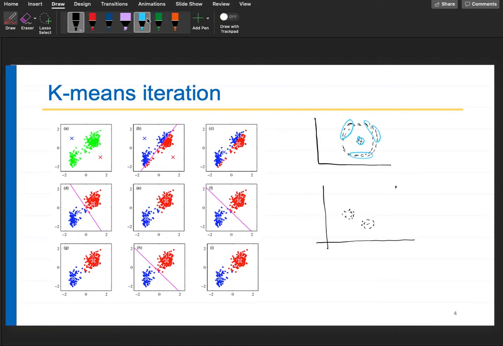Let's say I'm finding 2 clusters. Ideally it should have been this cluster, and this outlier should have been ignored. But in this case it will be this cluster and this singleton. Singleton means a cluster with a single data point. So that is the problem which we may face here, right?